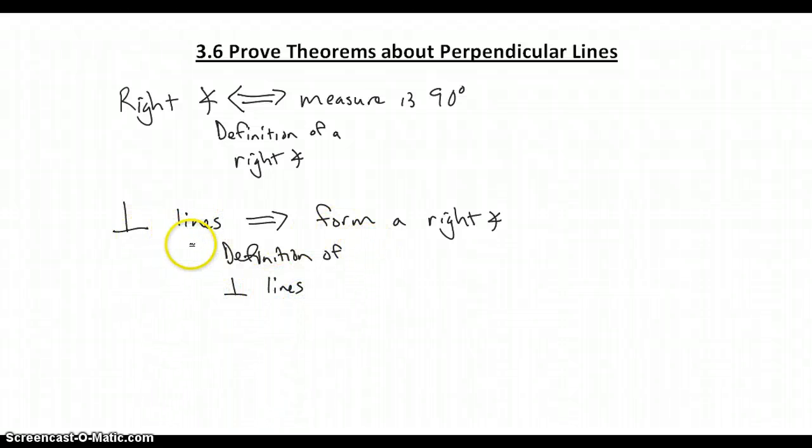Two lines are perpendicular if they form a right angle. Now since this is a definition, we can infer the other way. If two lines intersect to form a right angle, we can conclude that those lines are perpendicular. So to prove lines are perpendicular, we need to prove that they form a right angle. Or if we know that two lines are perpendicular, we can conclude that they do form a right angle.